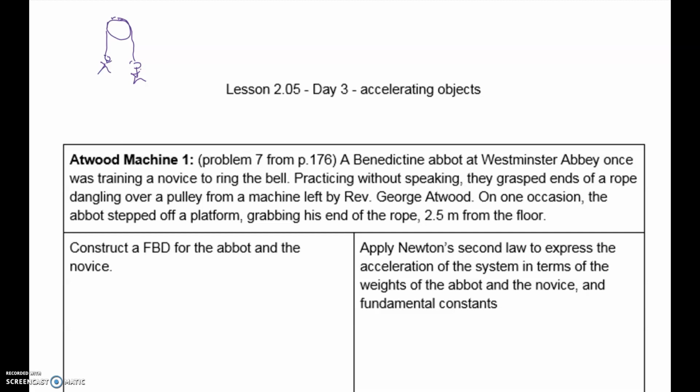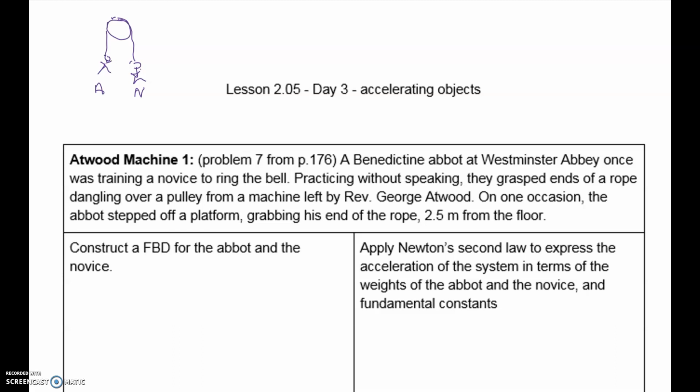So here we're told, let's assume on the left is the abbot. Is that the word we're using? Yeah, abbot. Kind of a weird prompt, but anyway. Abbot on the left, and then the novice on the right. We're told that the abbot steps off a platform, grabbing his end of the rope that's 2.5 meters off the floor.